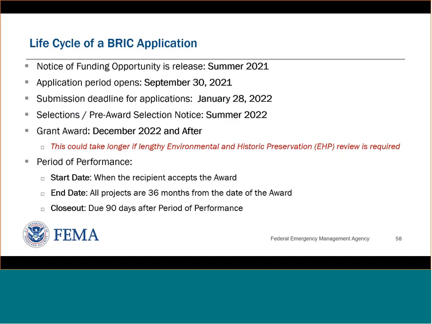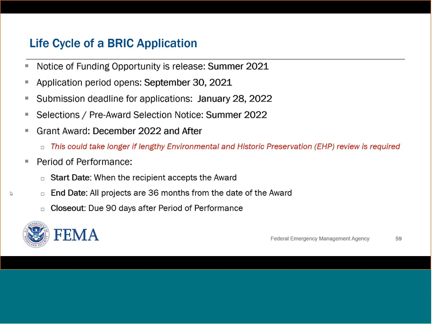So looking at the life cycle of the BRIC application for this fiscal year, the Notice of Funding Opportunity was released in summer of this year, 2021. The application period opened on September 30th, and the submission deadline for applications is January 28th, 2022.